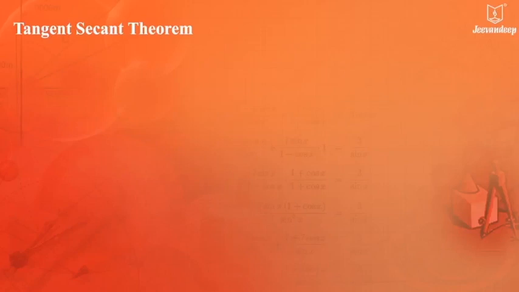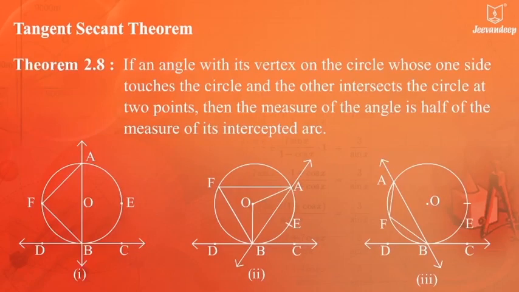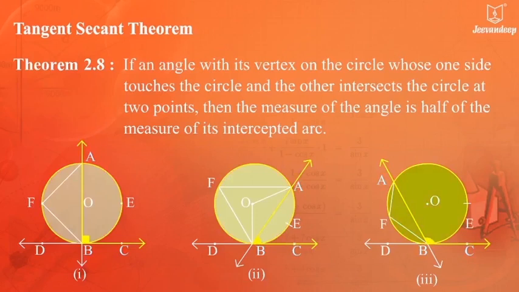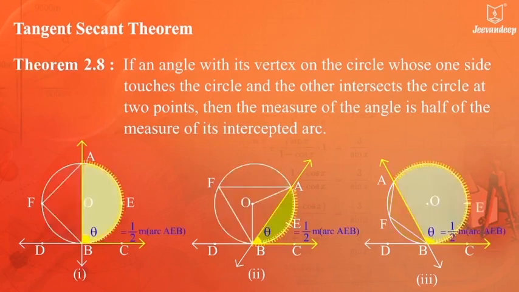Tangent secant theorem. Theorem 2.8. If an angle has its vertex on the circle, with one side touching the circle and the other intersecting the circle at 2 points, then the measure of the angle is half of the measure of its intercepted arc.